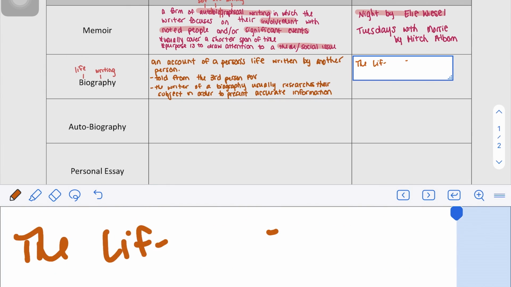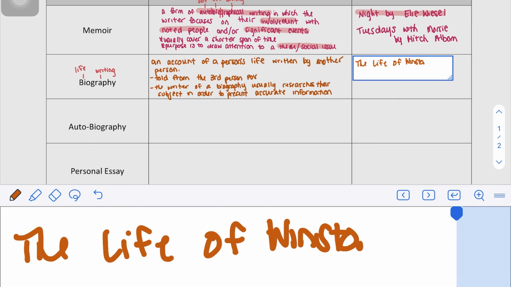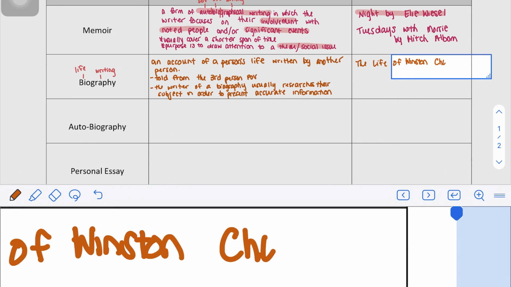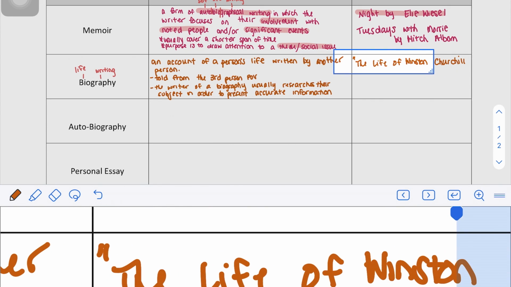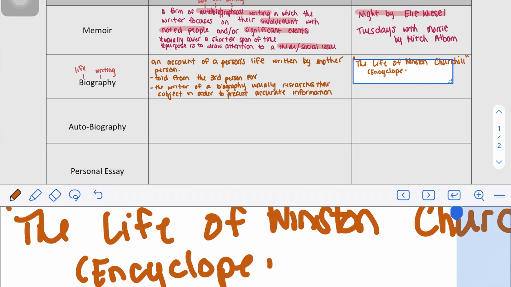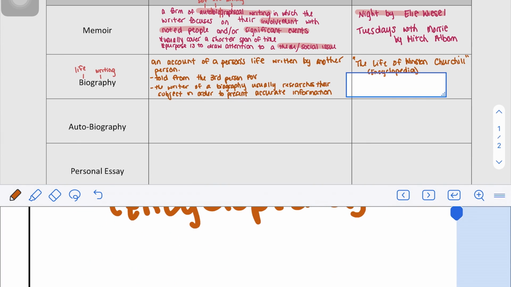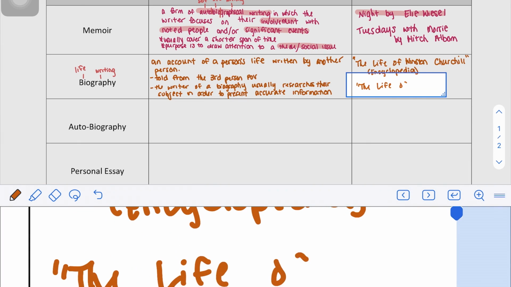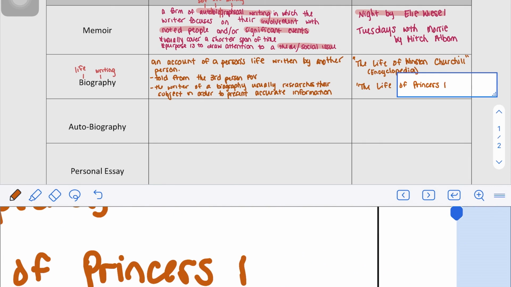Some examples of this are The Life of Winston Churchill, which is an encyclopedia entry, and The Life of Princess Diana, which is from the A&E television network.